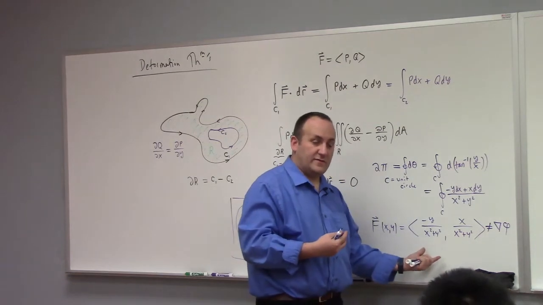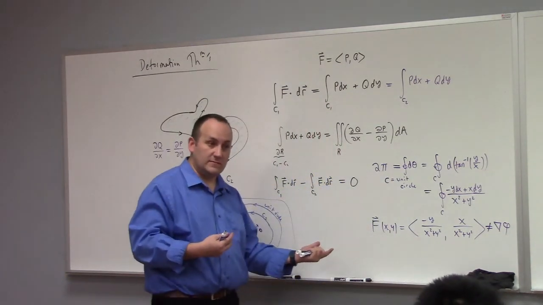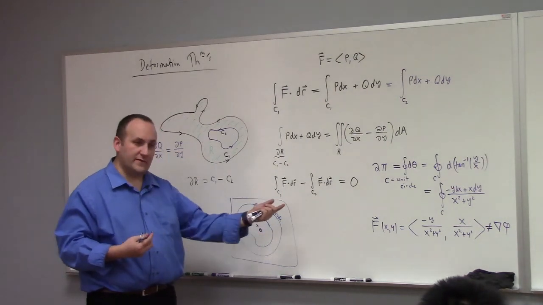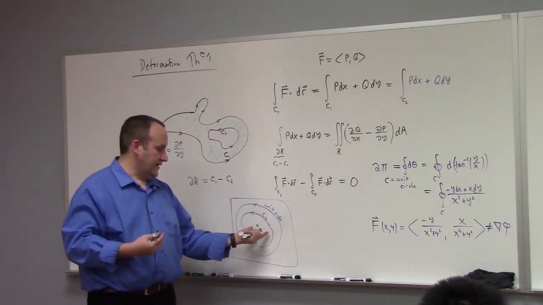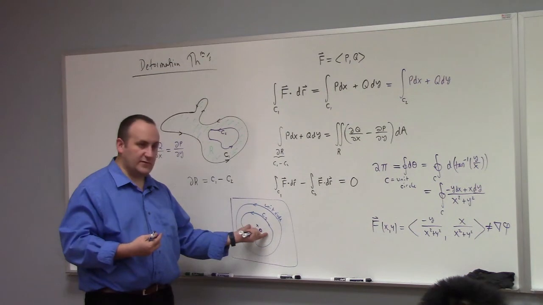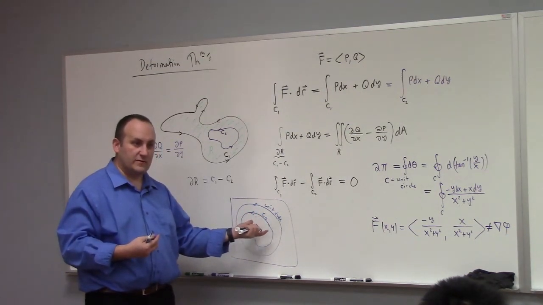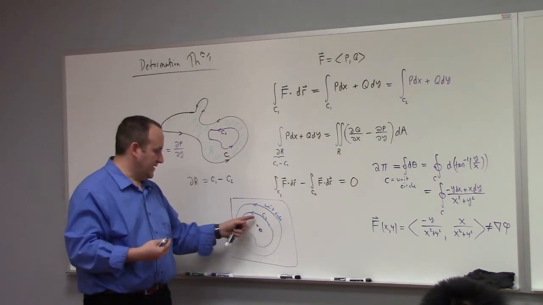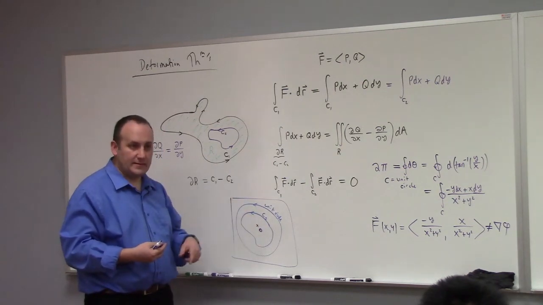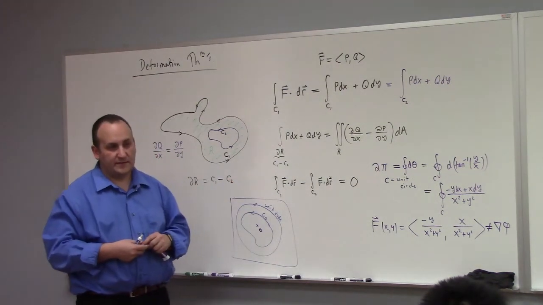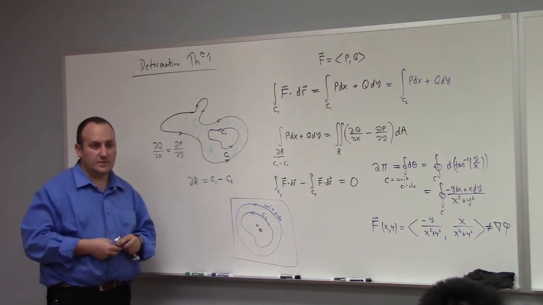In other words, this vector field satisfies the closed condition, which means that I can deform any integral of this vector field from a path which encircles the origin to another path that encircles the origin the same number of times, and I won't change the integral. The integral around the lumpy path is still 2 pi, because the integral around the unit circle works out to 2 pi. This is the deformation theorem.